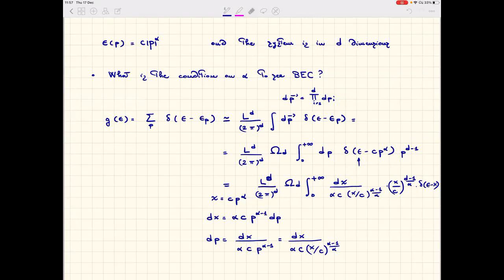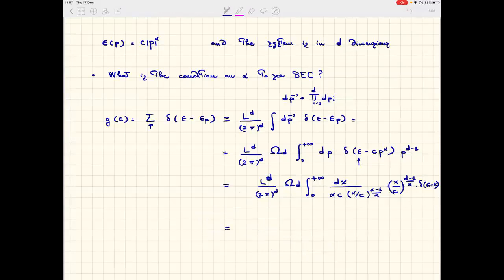Okay, so now, if we agree on this, then this is equal to L to the power d over 2 pi to the d, omega d. Now I can do the integral, right? So let me do all the simplifications later on.